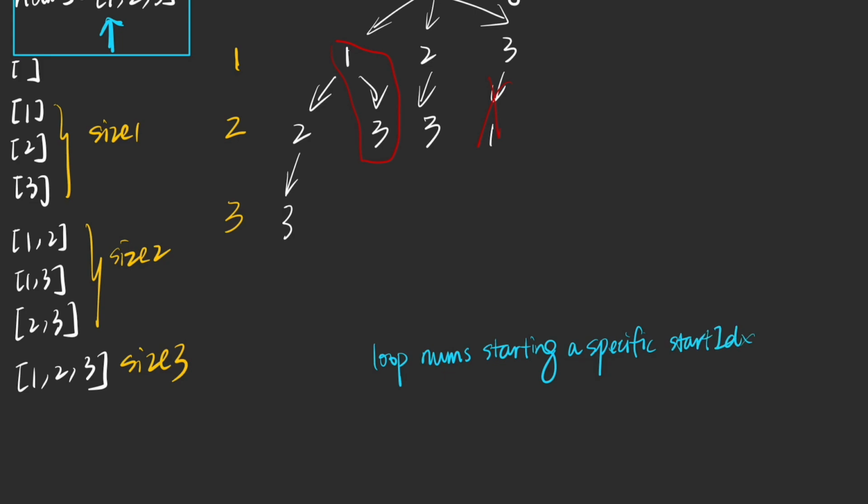And then we add the current number into the sublist.